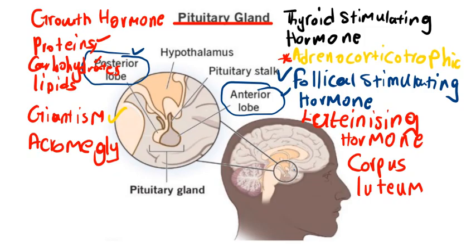Giantism is just a condition where an individual is abnormally tall and huge. I hope you have seen some people who look to be very huge and tall. That is due to the high secretion of the growth hormone. And then acromegaly is just an enlargement of bones.